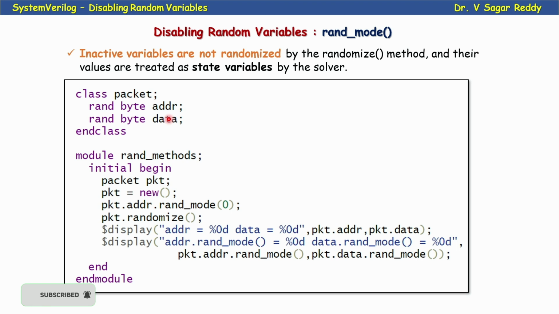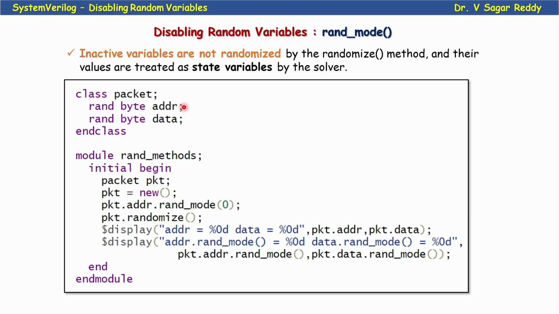I am disabling only one random variable, address. So pkt, the object handle, dot the random variable address, dot rand_mode(0), makes the address random variable inactive. Whenever I randomize, pkt.randomize, even though this packet contains two random variables, address is disabled, so it generates random values only for data.